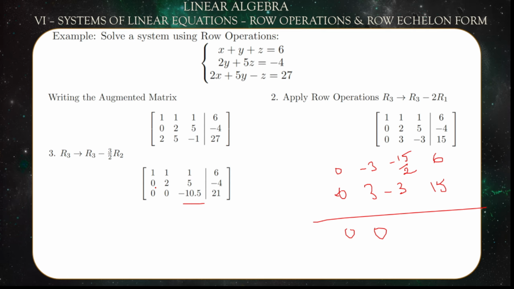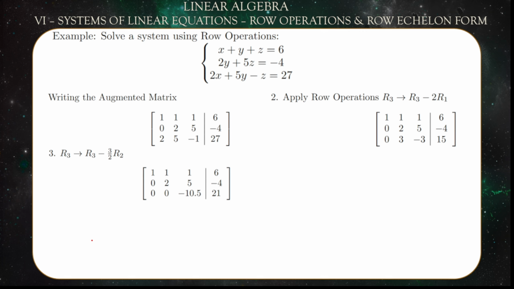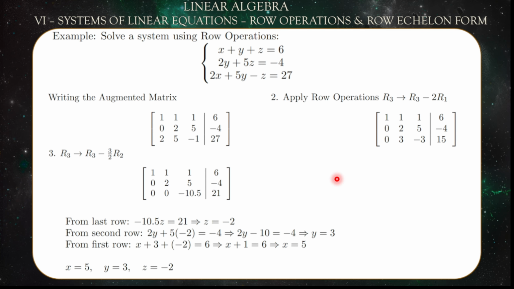And you see, now all that remains is this value to be removed. So we complete using the same concept. Now from the last row, you don't need to make any other changes. Now we can immediately find the values for z, y, and x.